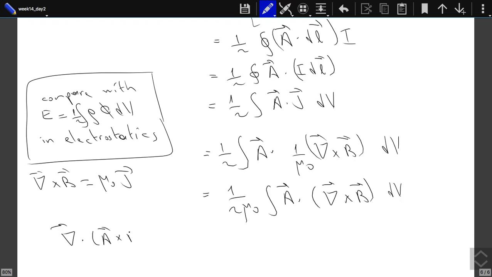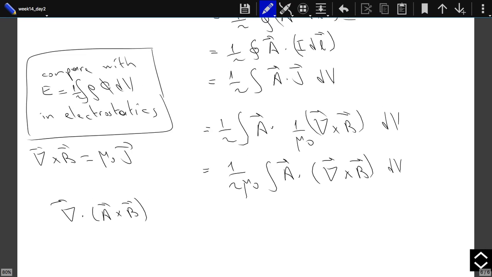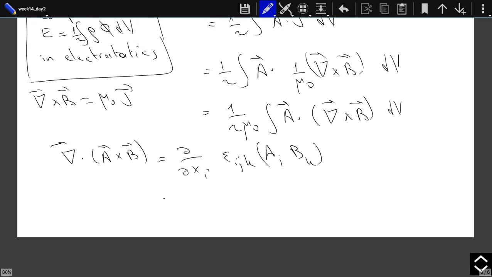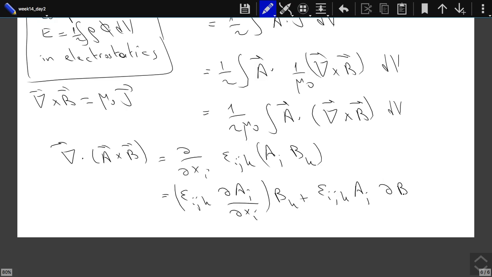Let's look at this term. Divergence of A cross B. This is equal to del over del x_i, epsilon ijk, a_j b_k, which is equal to epsilon ijk, del a_j by del x_i, b_k, plus epsilon ijk, a_j, del b_k by del x_i.